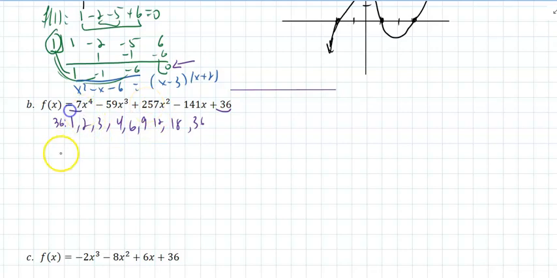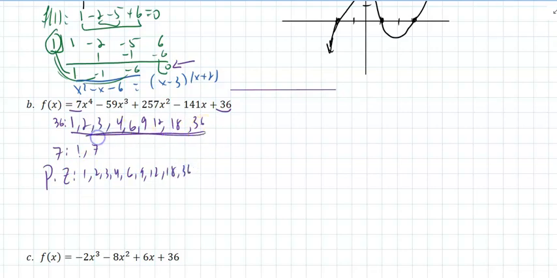And the factors of 7 are 1 and 7. So the possible rational zeros are what? All of these factors divided by 1, and all of these factors divided by 7. And they're all plus or minus.